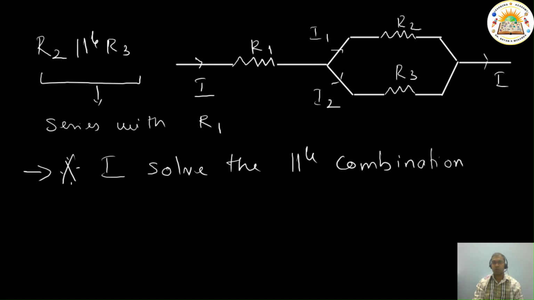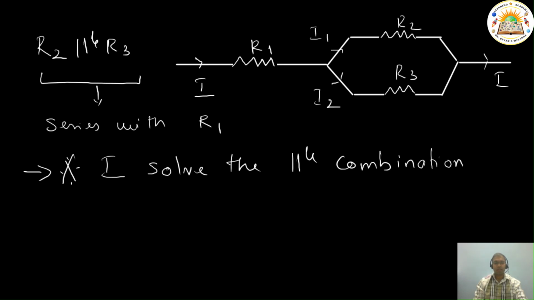Once you solve the parallel combination, we will get the equivalent resistance of R2 and R3, which is going to be in series with R1. So we will draw an equivalent circuit diagram also. Till now, we have seen them separately, so we have not done any equivalent circuit. But here we will go ahead and draw an equivalent circuit and see how it happens once we find the equivalent resistance for the parallel combination.